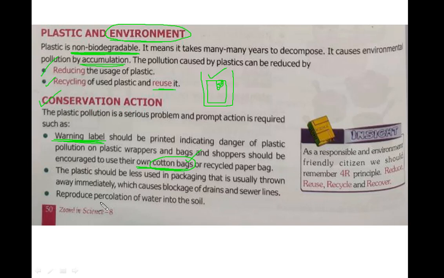We should also not reduce percolation of water into the soil. What is the meaning of percolation of water? Suppose this is your soil, we take a sample, and rainfall is occurring.